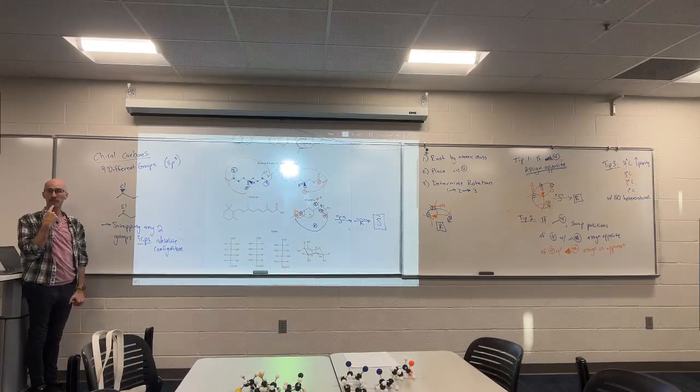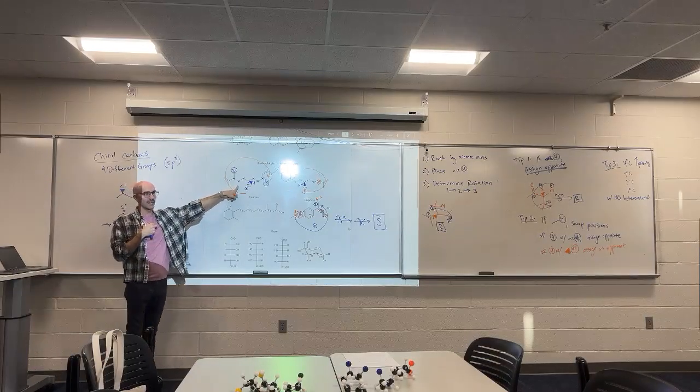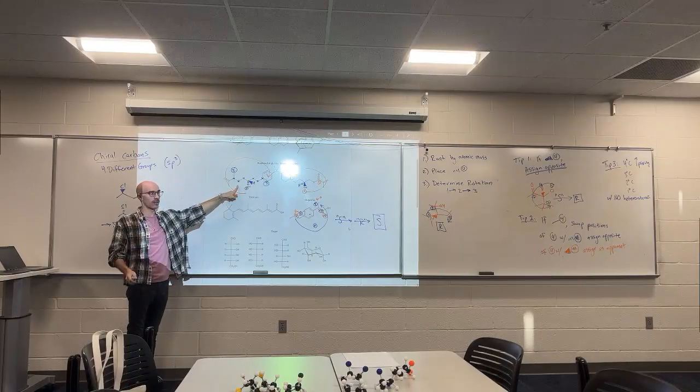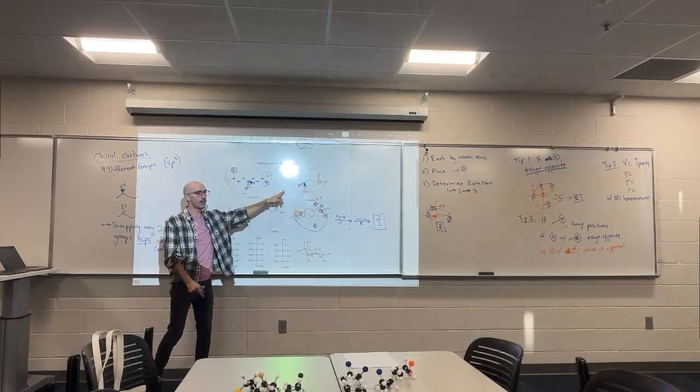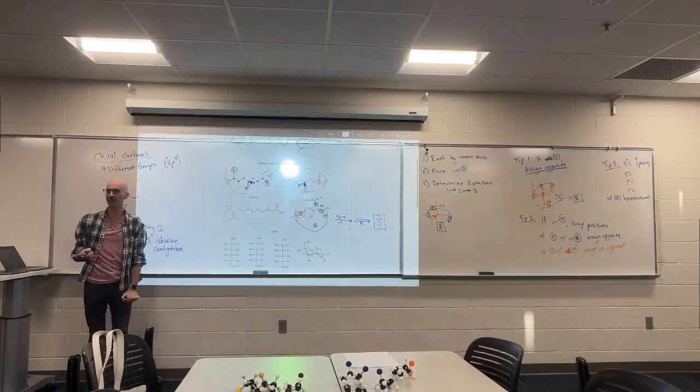Are you happy with that? On one side, we had this R apparent configuration, so we needed the H to be forward. But on the other side, all of the groups were flipped. Do you know what we did?